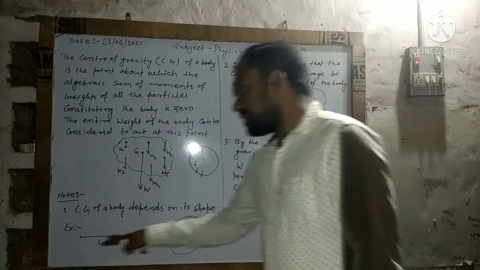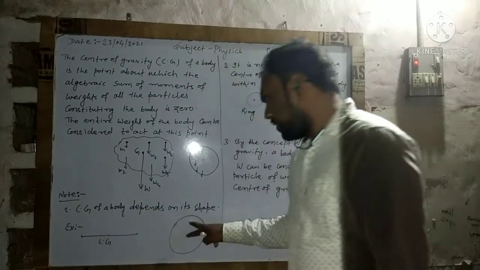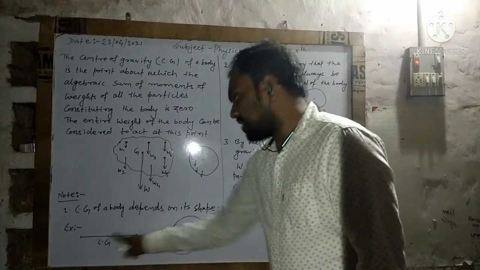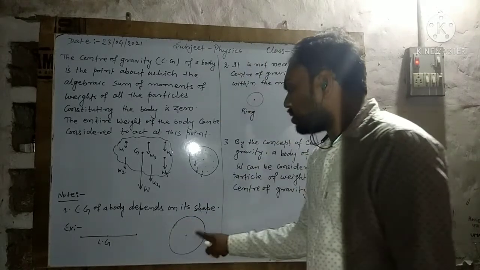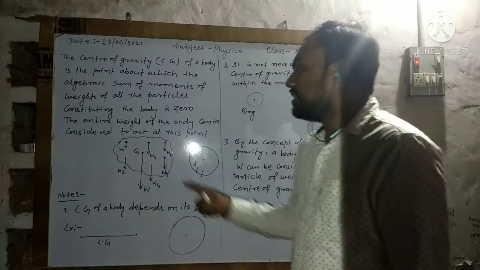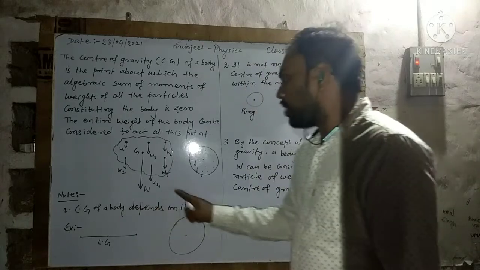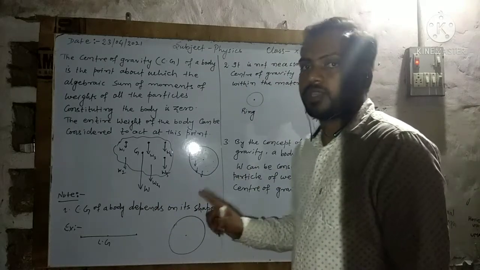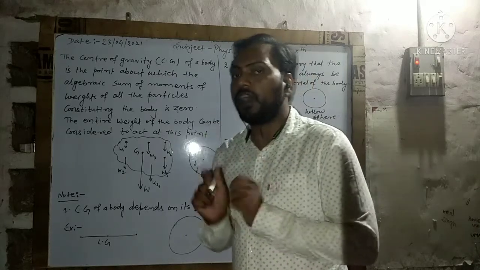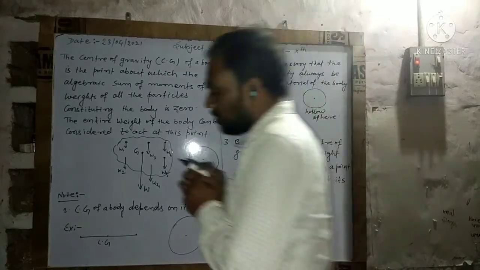This is the same wire, with the same mass and same length, though the center of gravity has changed. That's why we conclude that the center of gravity of a body depends on its shape.